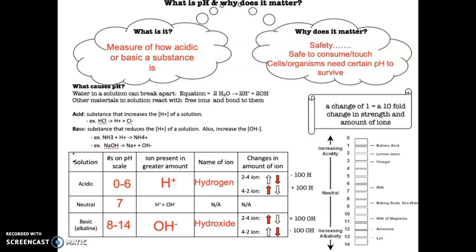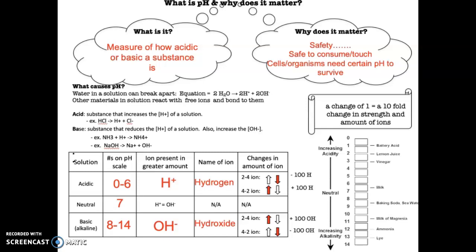When we look at the amounts and we go up the pH scale, we're going to see an increase in hydroxide. So the higher you go up the pH scale, the more hydroxide you're going to see and the less hydrogen. The further down the pH scale you go, the higher the hydrogen and the lower the hydroxide.